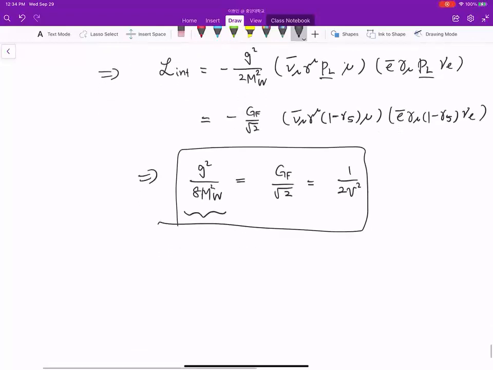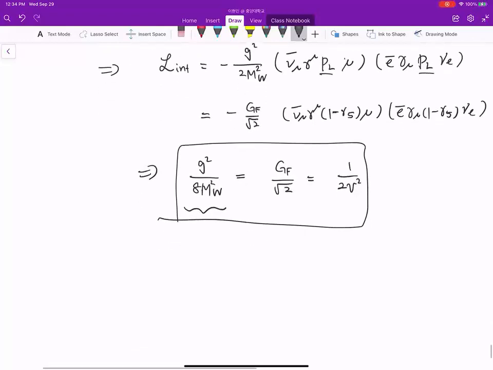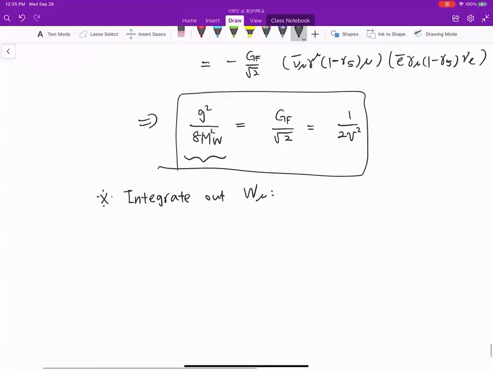And there's an alternative way to obtain the same effective interaction by integrating out. You can ignore the kinetic term for the W boson.